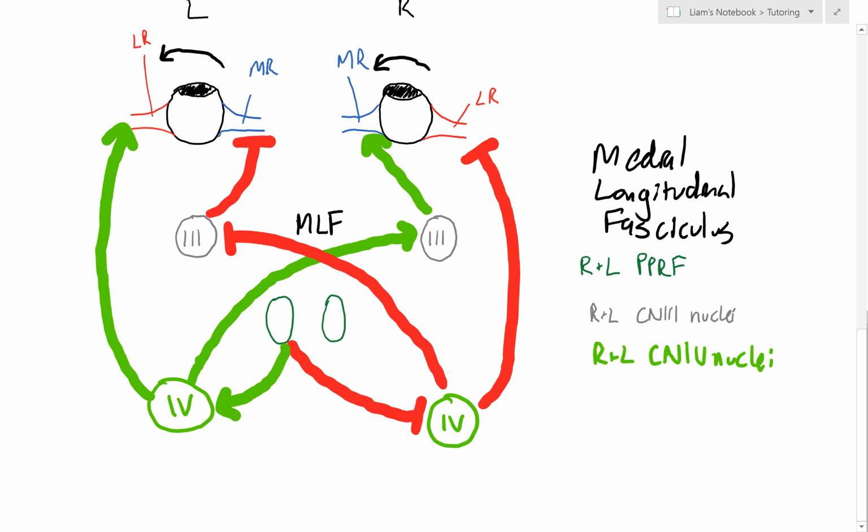Now, the MLF actually connects the nuclei of 3, 4, and 6, and so that's how they all communicate with each other in order to coordinate eye movement, and that's what's responsible for allowing this communication between 4 and 3, specifically in this diagram.